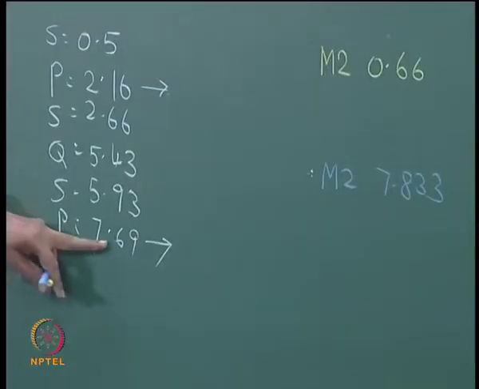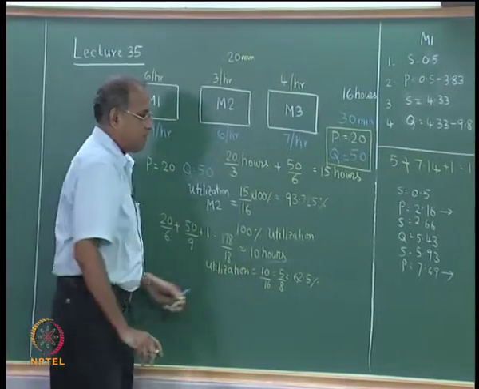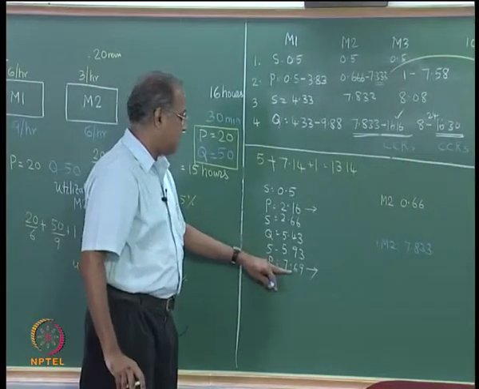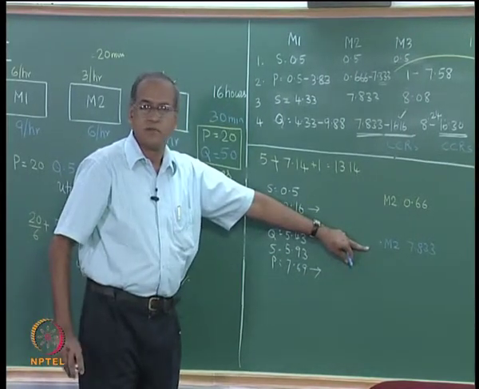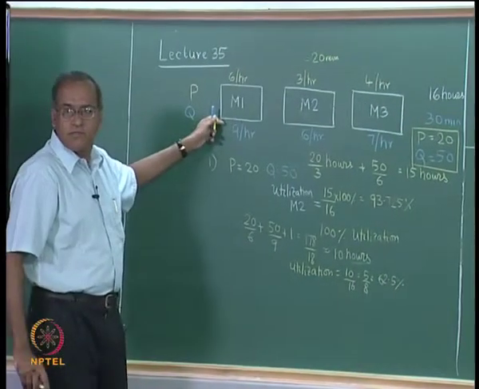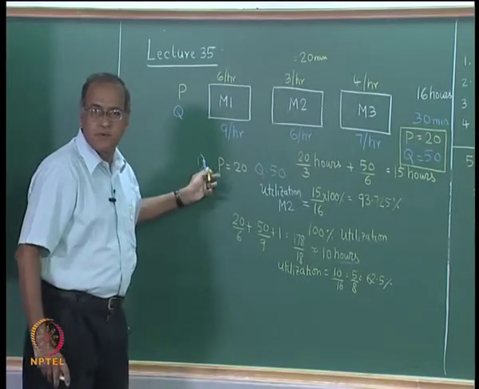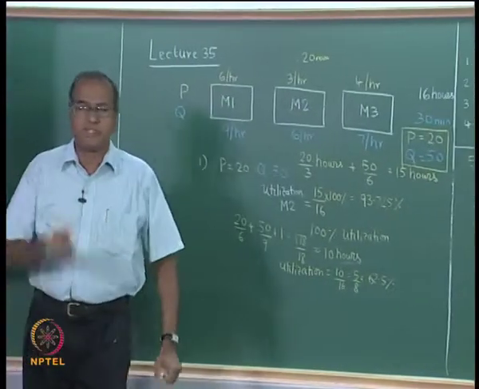So at 7.69 the 20th piece of P will come out, and then it takes another 0.166. So 7.6 plus 0.16 exceeds this. So if we choose to do 10 of P, 25 of Q, followed by 10 of P, followed by 25 of Q, we will still keep this machine idle for some time, which we should not do.